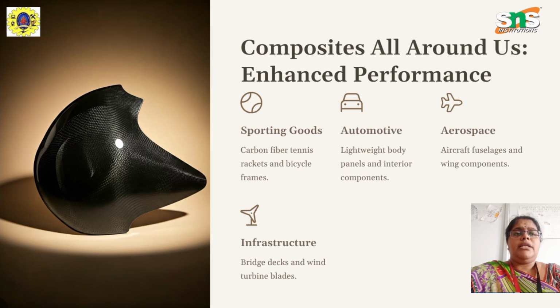When an alloy or metal is used for an automotive part, it will be heavy, but with composite material it will be more flexible and lightweight. In aerospace, aircraft fuselages and wing components should be lighter in weight and of good quality, so they are made of composites. In infrastructure, bridge decks and wind turbine blades are also made of composites due to their enhanced properties and light weight.